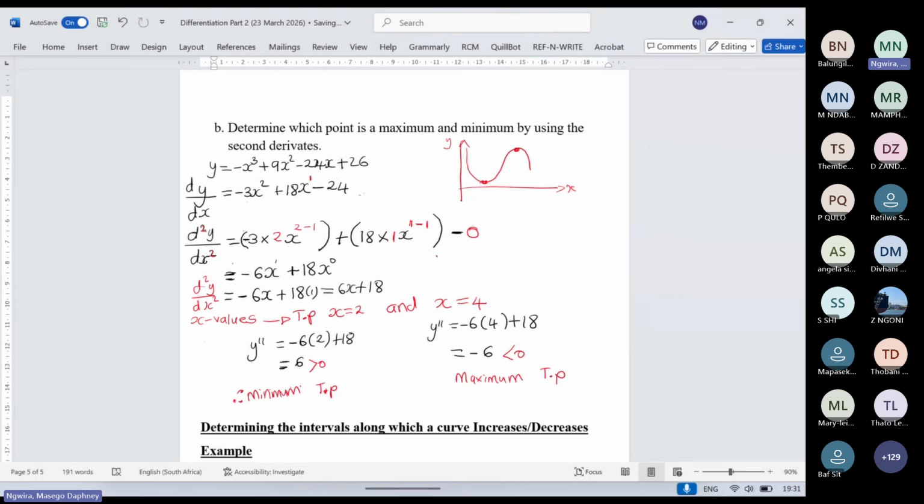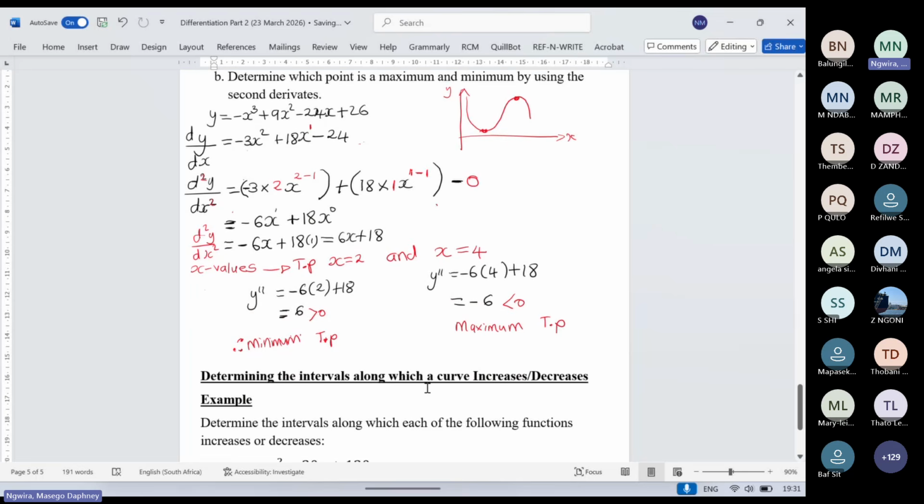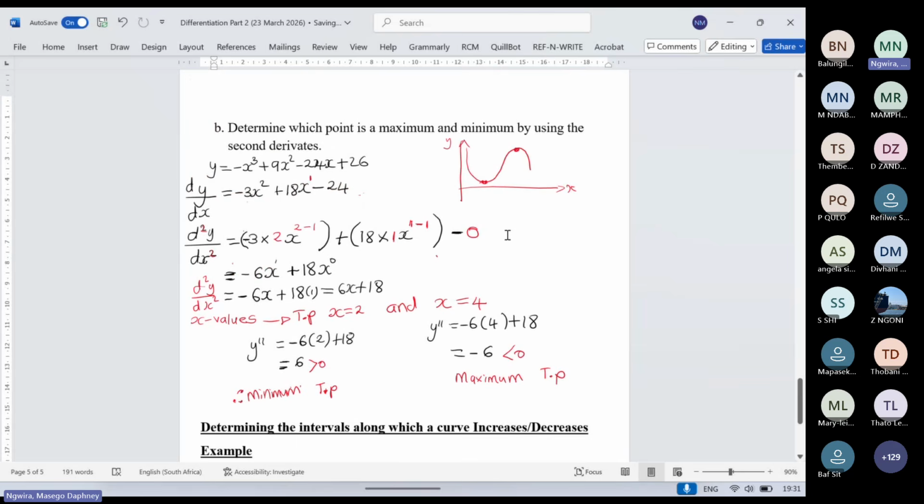So with this one, we have what we call increasing and decreasing. In maths, to measure whether the graph is increasing or decreasing, you must always move from left to right. When I start moving this cursor from here to here, you'll see that this line is decreasing between these two.